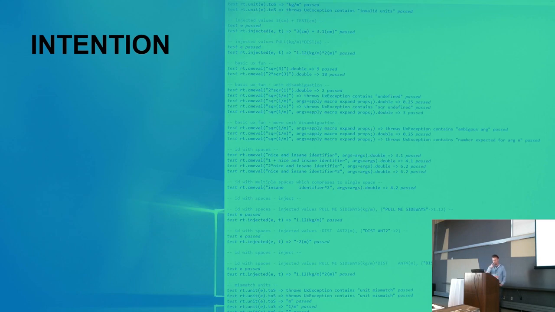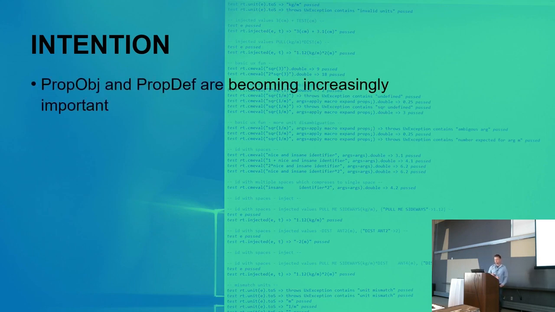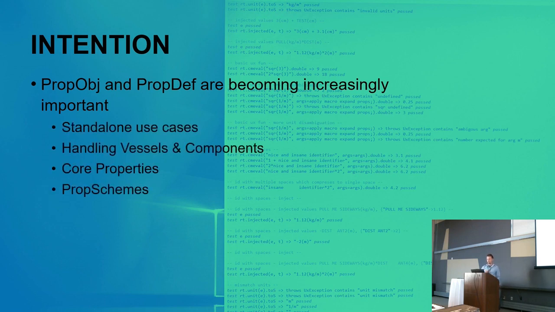Okay, so what is the intention of the PropDef syntax? Prop objects and PropDefs are becoming increasingly important, especially PropDefs. They have their normal, standalone uses, including statically typed, strictly typed use cases. But vessels and components are also being handled and communicated with via prop object interfaces, by PropDefs.